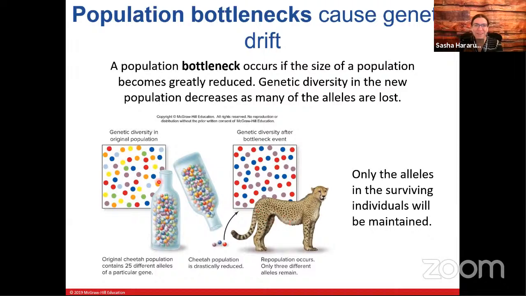So let's say this picture here represents the genetic diversity for some gene in cheetahs. But let's say these cheetahs were hunted for the fur and for sport, and hunted down to very few individuals. But then conservationists and the government intervened and said, we want our kids to be able to see cheetahs 20, 30, and 50 years from now.